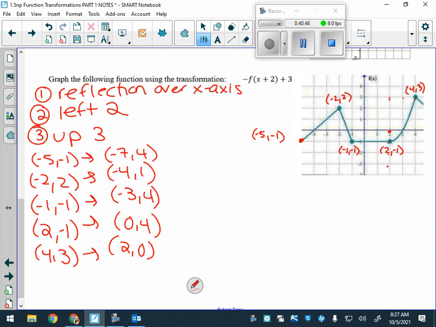Yep. All you're doing is multiplying your y values by negative 1. The reflection is the negative in front. Okay? The negative in front means reflection, so you're multiplying your y values by negative 1. Okay? All right. Get into some practice.